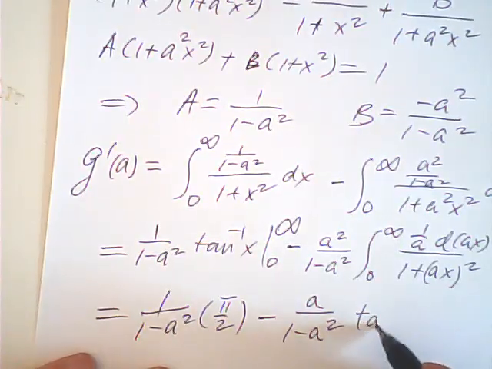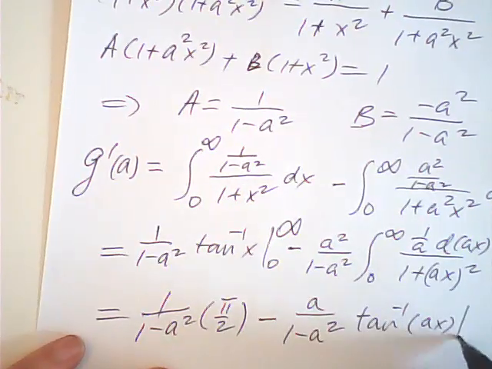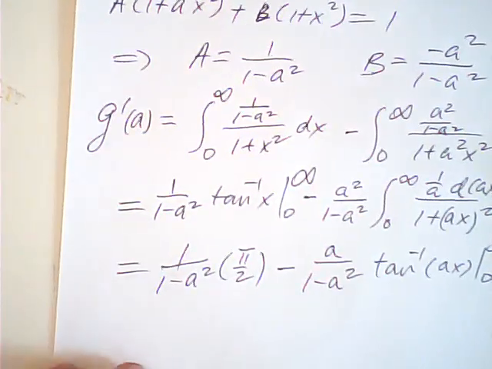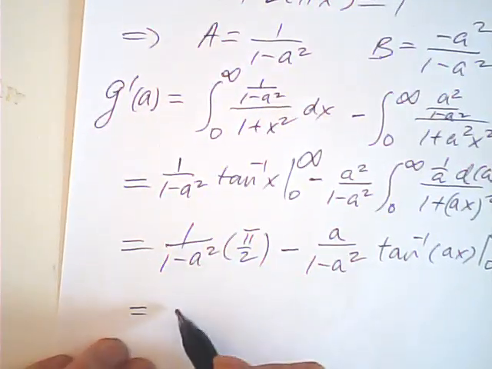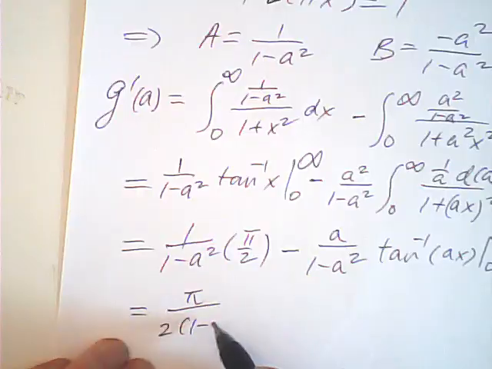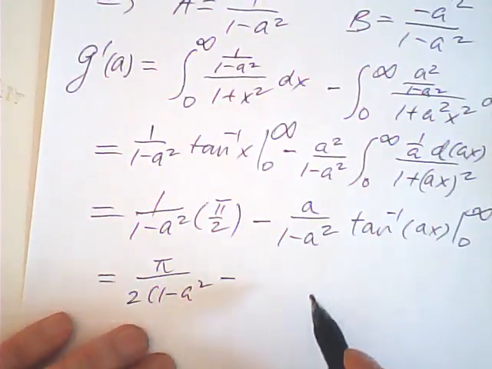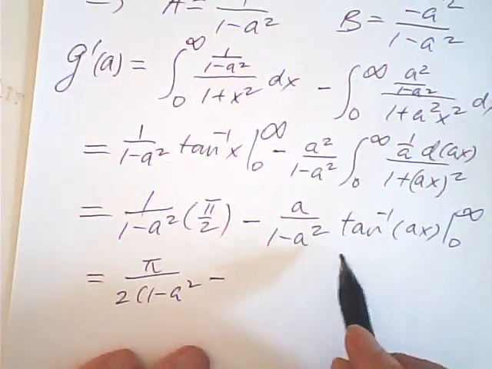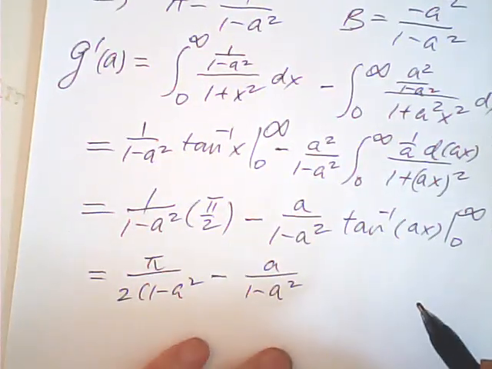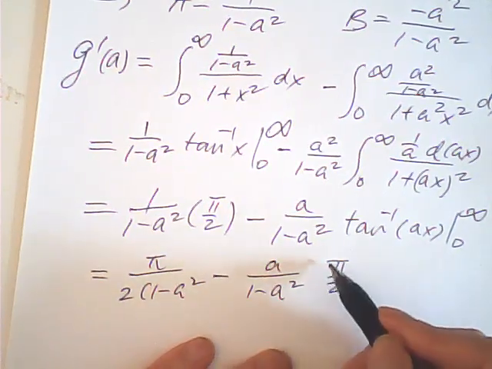This is arctangent of ax from 0 to infinity. So this one equals pi over 2 times 1 over 1 plus a, minus a over 1 minus a squared. This is half pi as well.